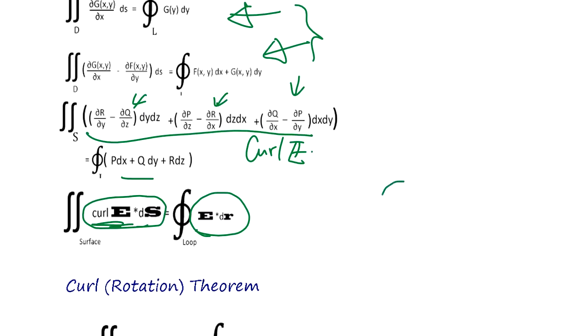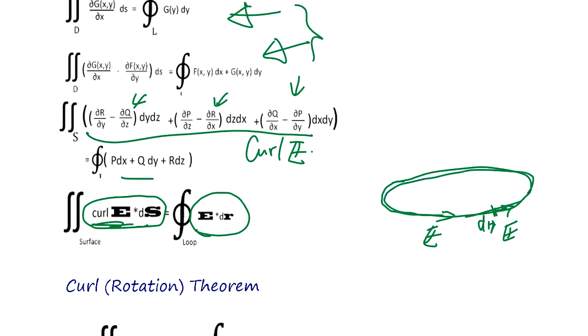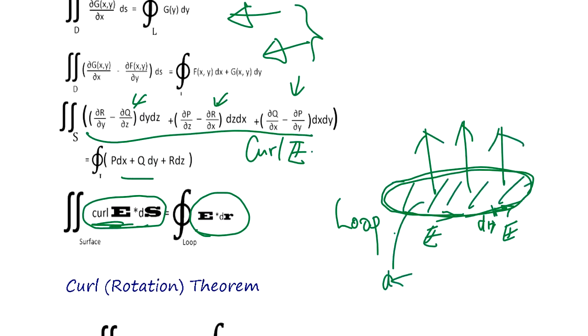What it means is, suppose you have E along this line dr, you take the integral around this closed loop, and it's going to be the same as the integral of the curl of E over dS, and the curl of E is related to the magnetic field.